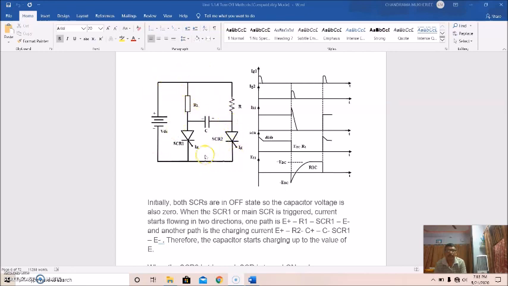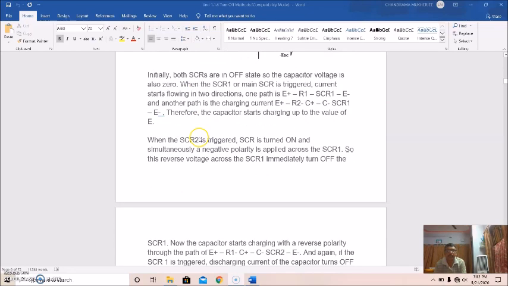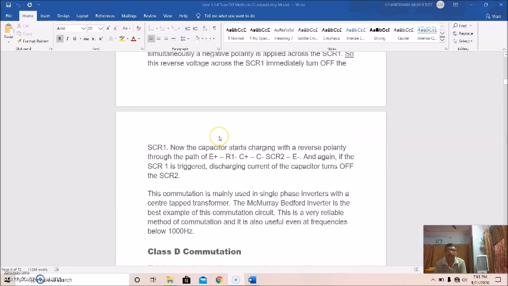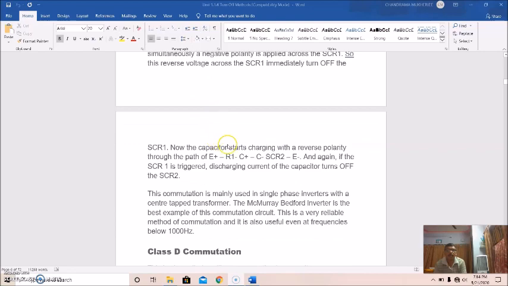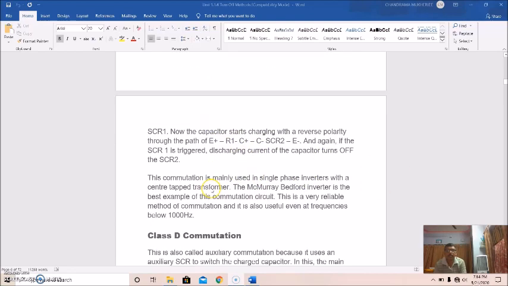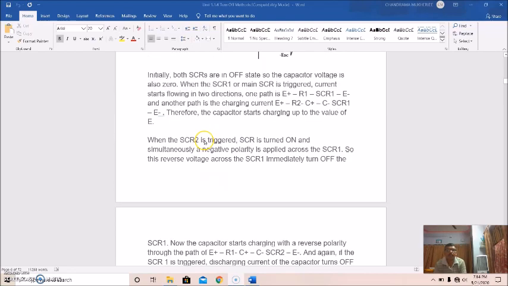Now, when SCR2 is triggered, this SCR is turned on, and simultaneously negative polarity is applied across thyristor 1.